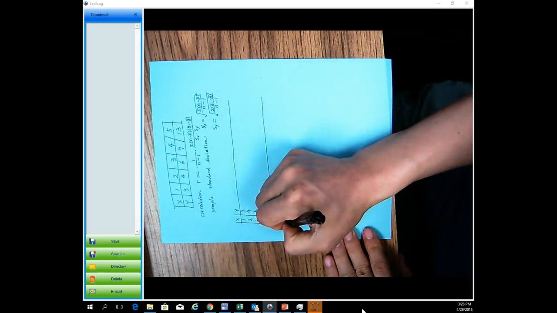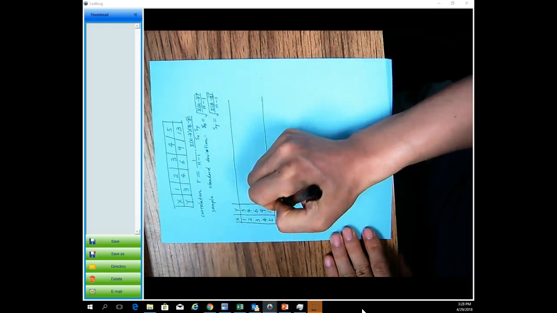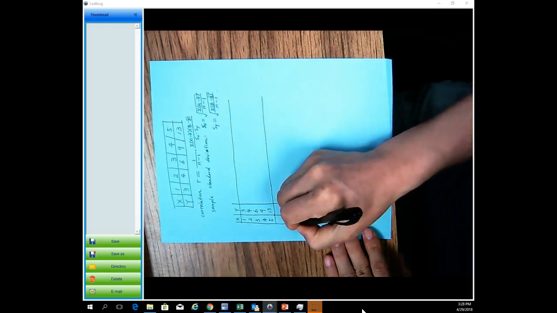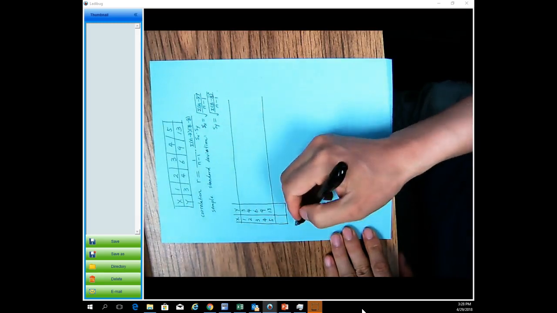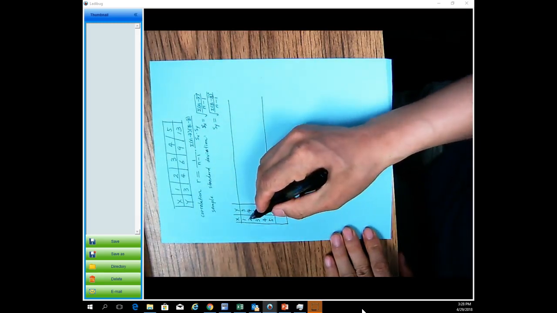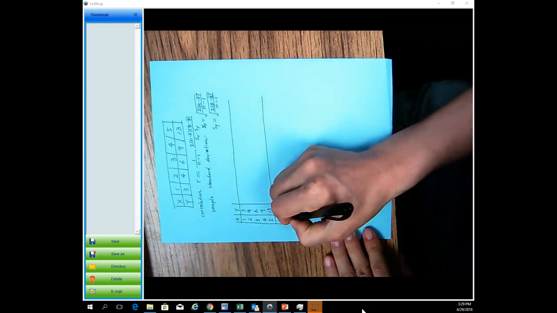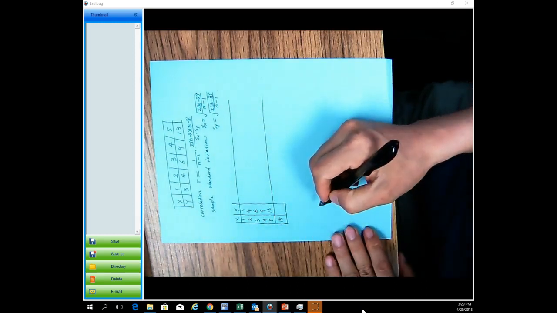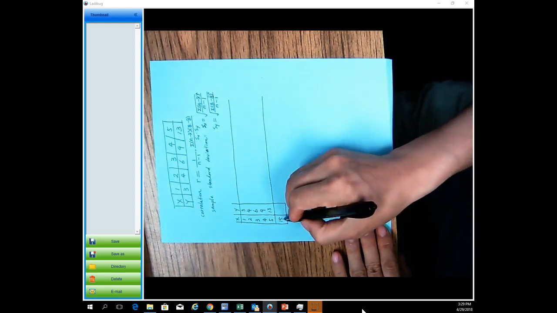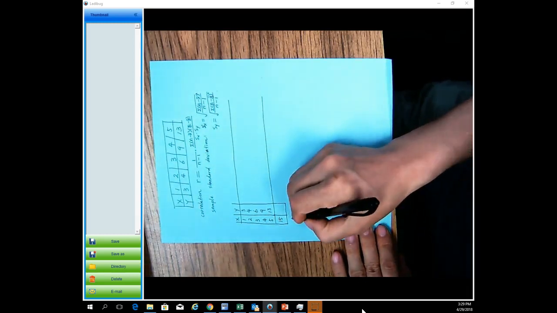Then we're going to calculate the column total of the x column. So 1 plus 2 plus 3 plus 4 plus 5, just adding all up, that'd be 15. This column total represents the summation of x's.